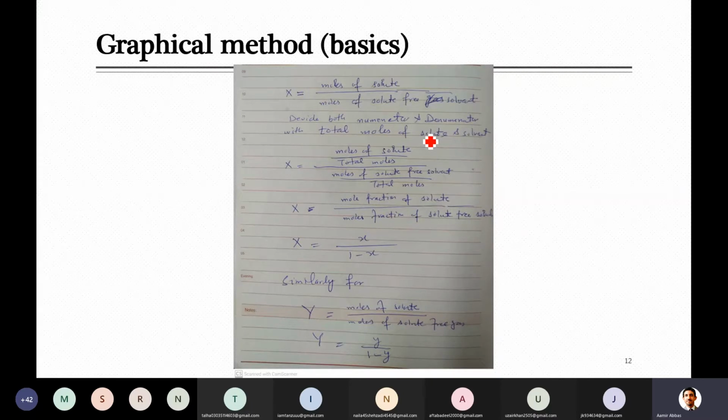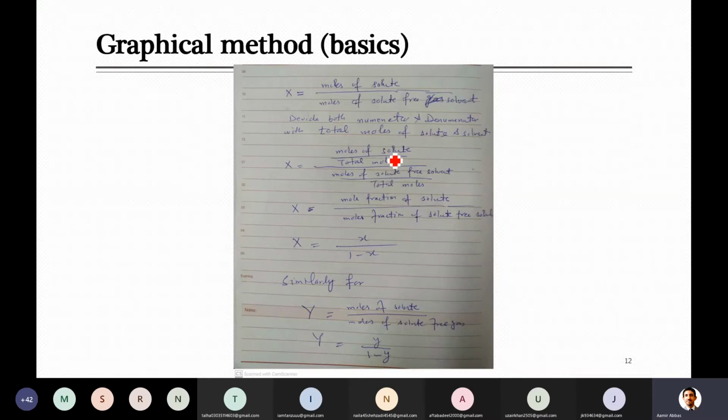When we consider them combined, that includes both solute and solvent in the case of the liquid. So moles of the solute divided by the total moles, and similarly in the denominator we consider only the moles of solute free solvent, or you can say only the moles of solvent, divided by the total moles.